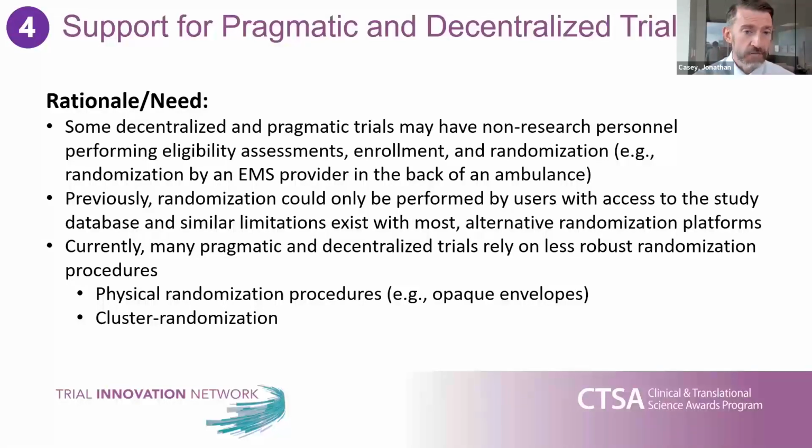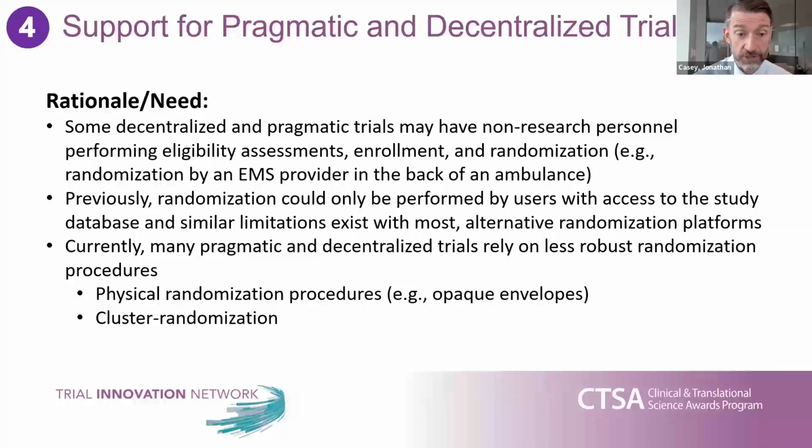Previously, because randomization could only be performed by users with access to the study database, you couldn't do a trial like that using the REDCap tool, and similar limitations exist for most alternative randomization platforms. So that meant that historically, if you were planning to do a pragmatic or decentralized trial that relied on clinicians, you were often forced to use less robust randomization procedures, like physical randomization envelopes, opaque envelopes, or cluster randomization.